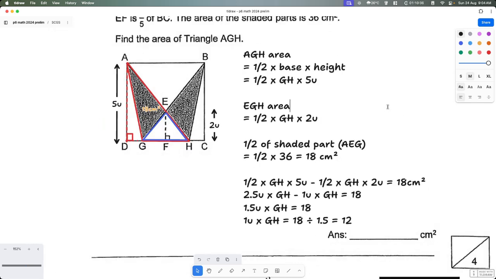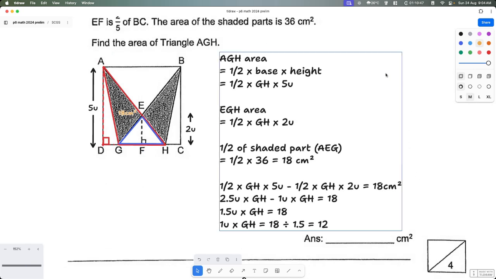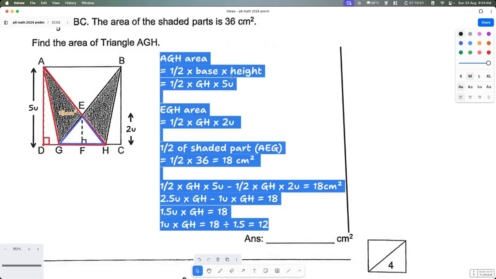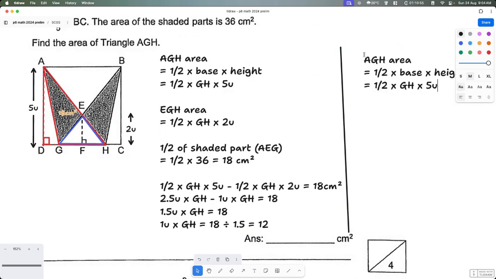Then we can swap this into the AGH over here. So the AGH area, I'm just going to copy this down. AGH area is basically half times GH times 5 units, which is also basically 2.5 units times GH.